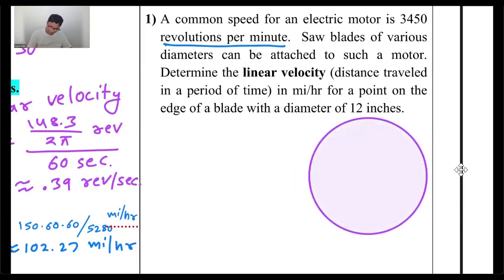The diameter of this circle is 12 inches. So I'm understanding that the radius is 6. You have to be careful. Edge of a blade with a diameter of 12 inches.